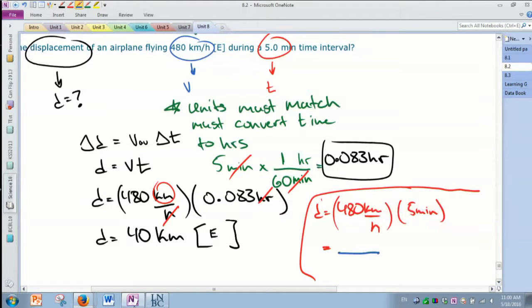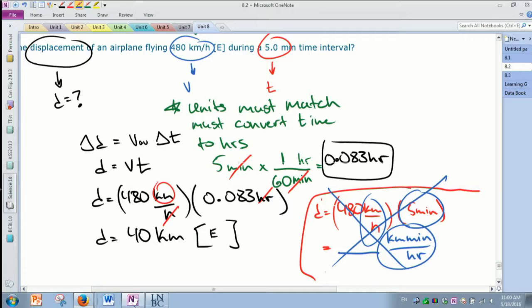I would have kilometer minutes divided by hours, which is a really strange unit. Nothing we'll ever talk about will be in kilometer minutes divided by hours. So you don't want to do that. Make sure your units match up and you end up with where you want to go.